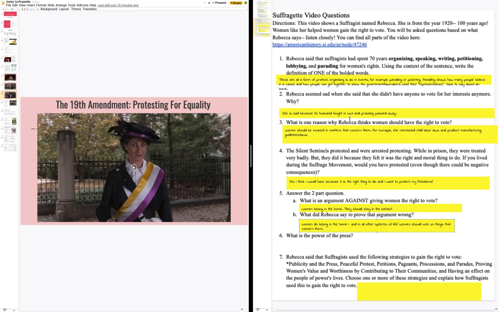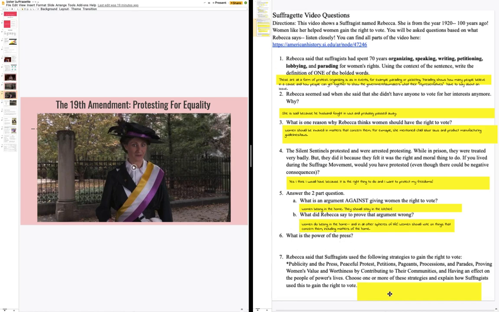Again, going back to this question, women should be able to vote on the things that concern them, including matters of the home. So again, Rebecca said that women should be able to have a say in their lives.